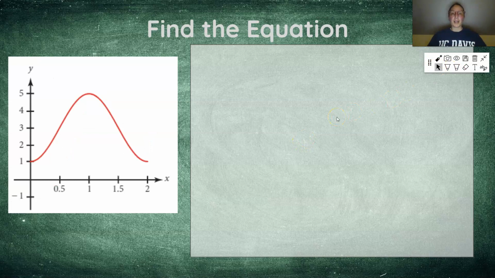All right, this is going to be our last example and our first example of looking at cosine. Not only are we looking at cosine in this graph, but there are a lot of things going on.